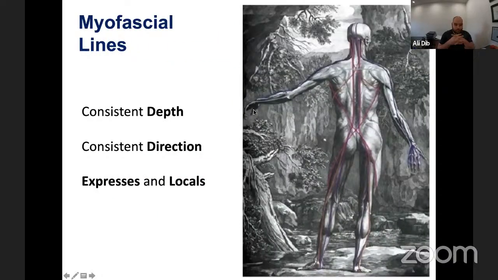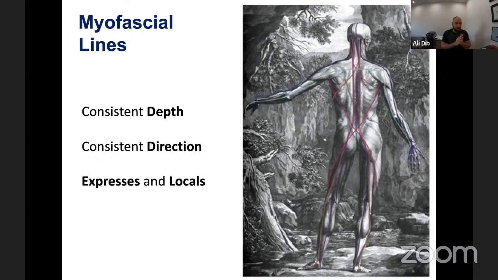So if you remember, guys, myofascial lines are continuous tracts of tissue that are connected to each other. And because of that, they influence each other. If you remember from our last lecture a couple of weeks ago, we started talking about the science behind tensegrity and how we have both tensile and compressive components that connect everything together.